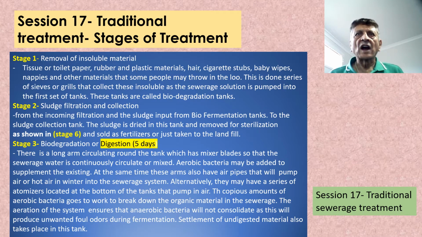There is a long arm circulating around the tank which has mixer blades so that sewer water is continuously circulated and mixed. Aerobic bacteria may be added to supplement the existing bacteria. At the same time, these arms also have air pipes that will pump in hot air in the winter or normal air in the summer into the sewer system.